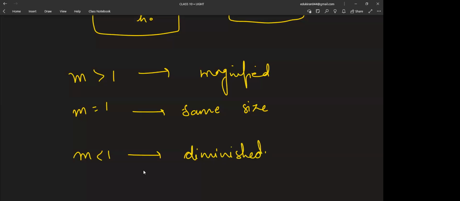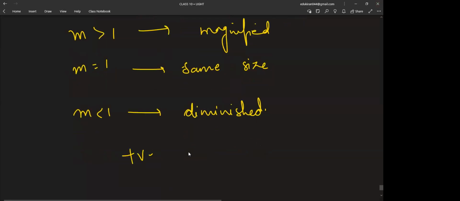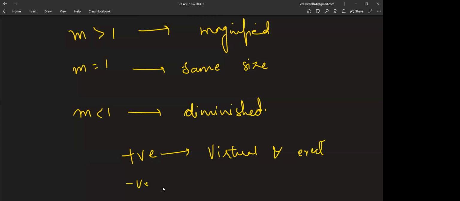Fine, this is regarding the magnitude. And regarding the signs also, if it is positive, it's virtual and erect. If it is negative, it is real and inverted.